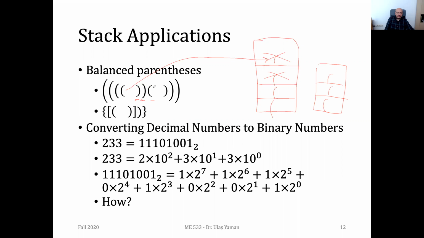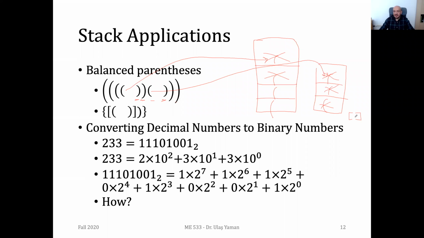So this is the one I just put. And then when I see the right parenthesis, I will pop this one, and I have two more right parentheses, and I can simply pop these two, and then at the end I will have an empty stack.